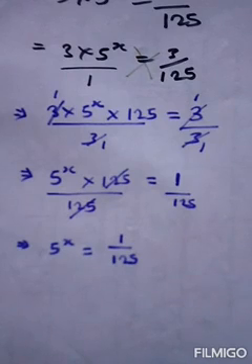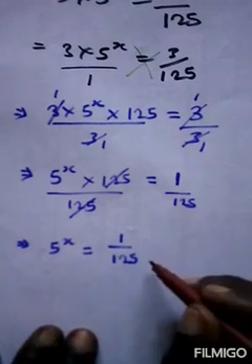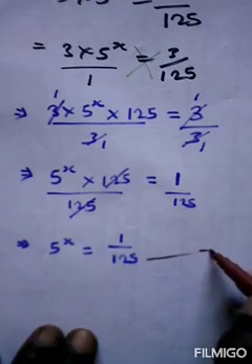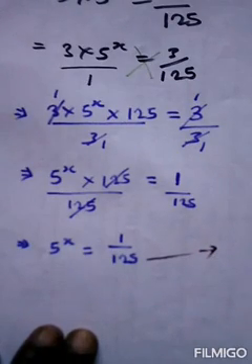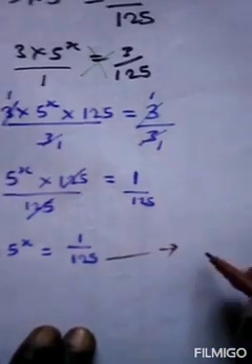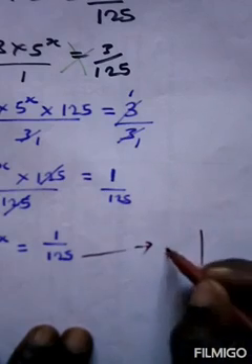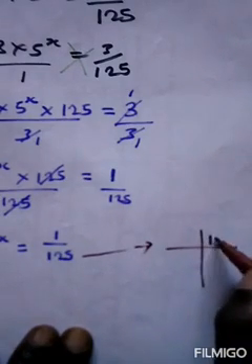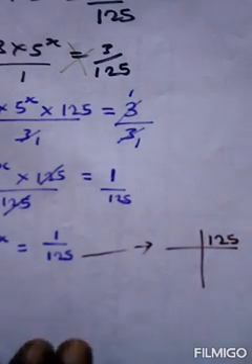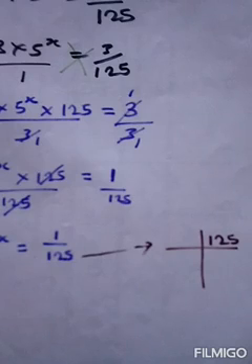How do we do that? I have to look for a number from 2 up to 9 that can go into 125. Can 3 go into 125? No. 4? No. 5? Yes, it can.